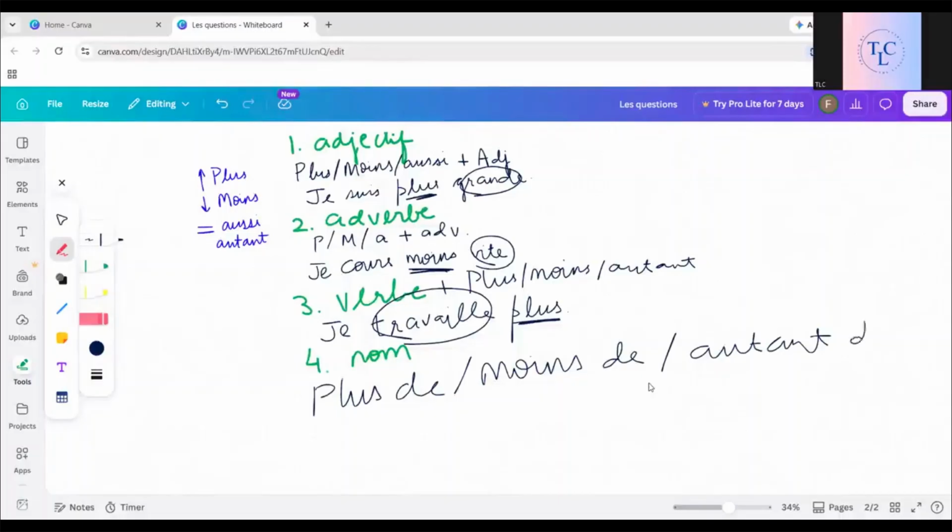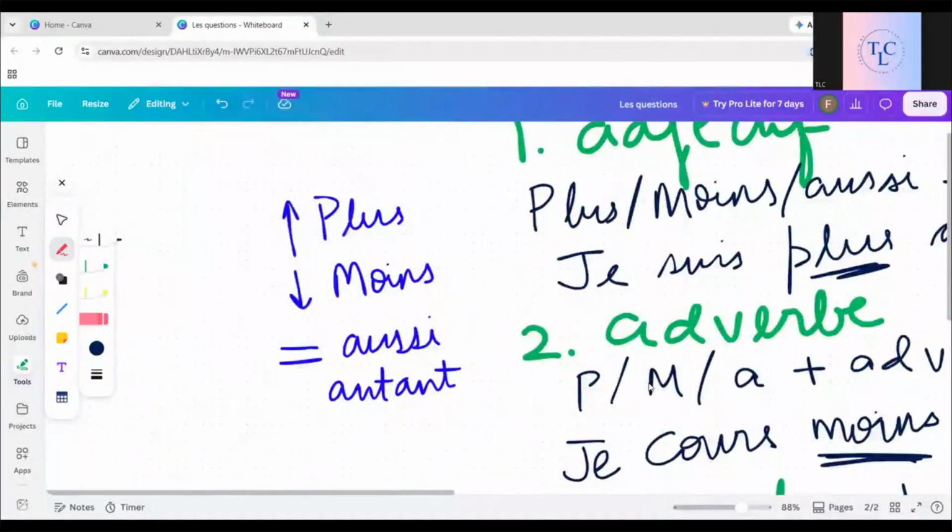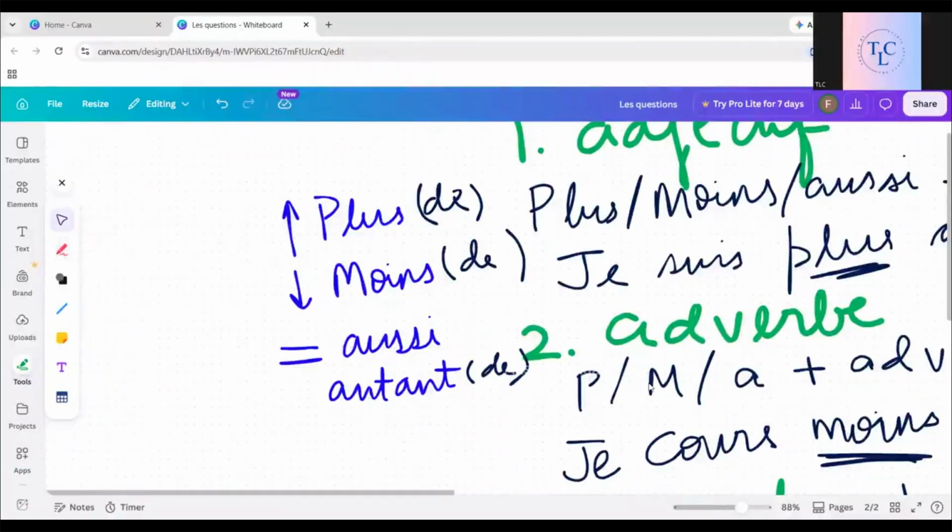You see, we have added this de. It is only in the case of a noun, when there is a noun after it. If not, we just have plus, moins, aussi, autant. So, in that case, we'll have to add the de only when there is a noun after it. Okay.